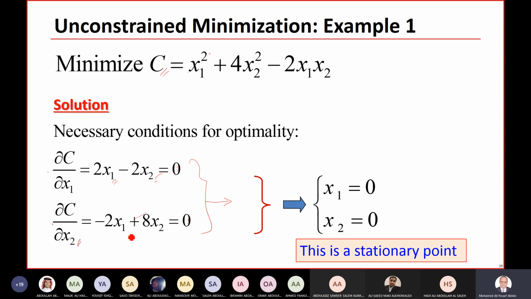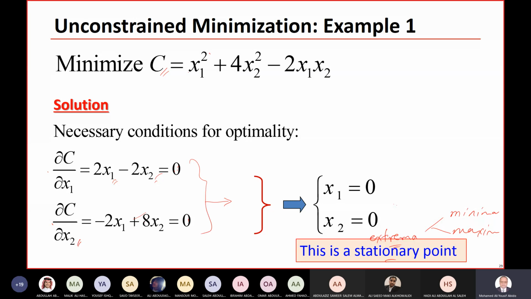Okay, if you solve these equations simultaneously, you will end up with this solution. So this is called the stationary or extrema point. But we need to identify this stationary point or extrema point, whether it is minima or maxima.